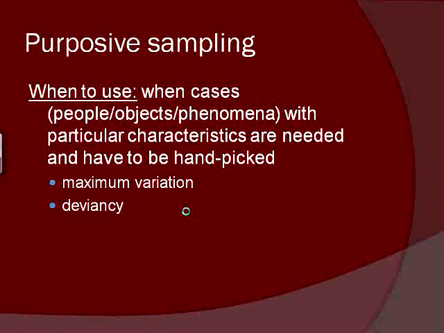So once again, purposive sampling involves hand-picking the cases, examining every individual, not just picking anybody or anything, but carefully thinking about every single case in your sample, person or object or event, to make sure that you have a specific type of sample, either a very diverse sample, that is maximum variation sampling, or a sample of very extreme cases, that is deviancy sampling.